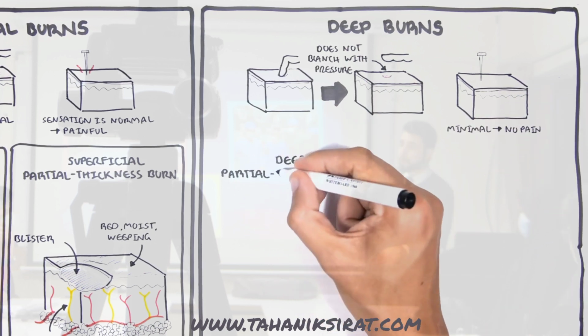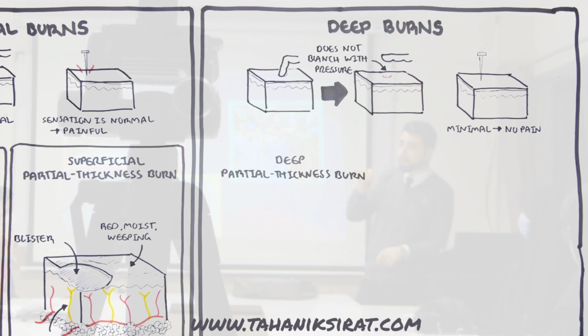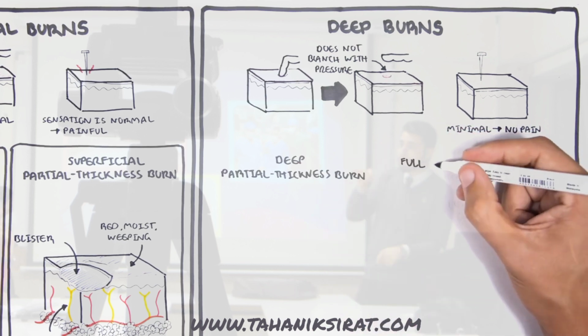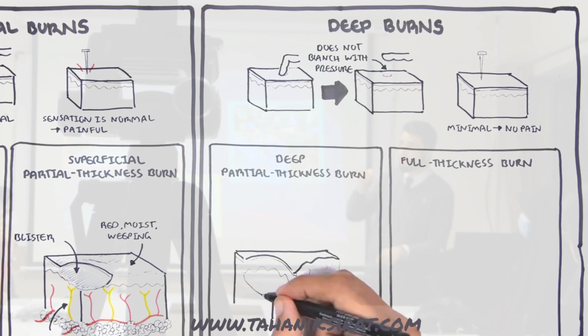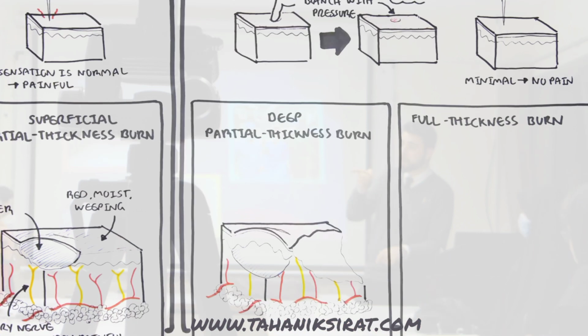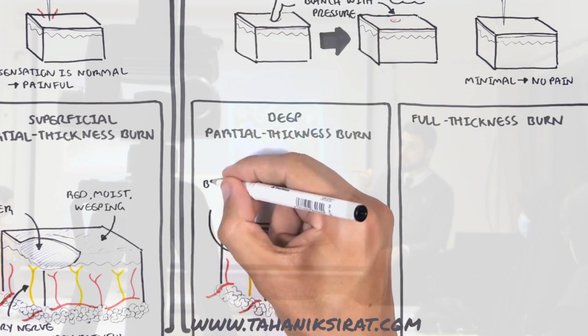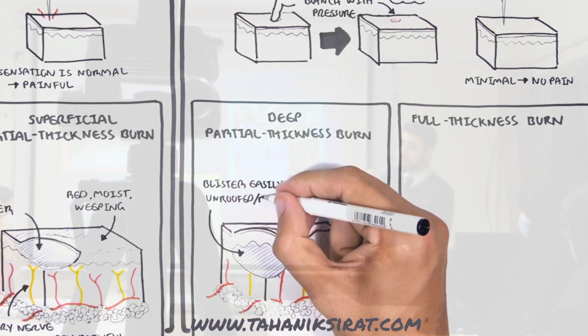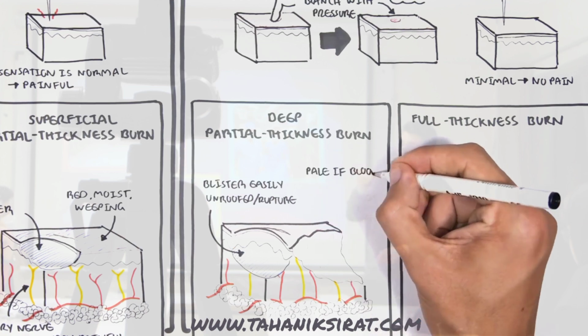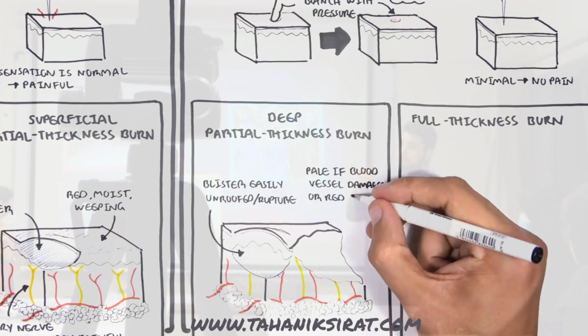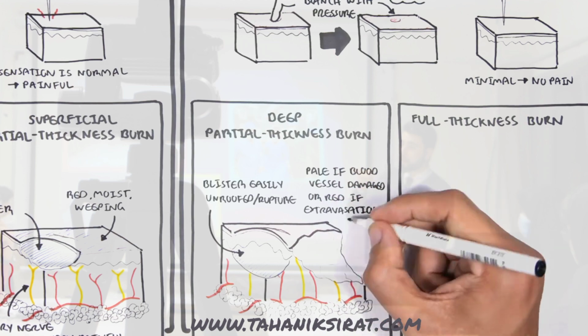Deep burns can be easily divided into deep partial thickness burns and full thickness burns. In deep partial thickness burns, the burns are partially deep. They cause blisters which easily rupture and come off. The surface of the skin can be pale if blood supply is lost, or red if there is extravasation of red blood cells.